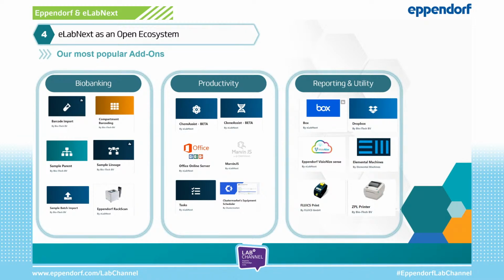This, for example, allows you barcoding, lineage of samples, and importing of samples, but we will go into detail in all of this in the next few slides. We have a couple of add-ons for productivity and as well for reporting and utility. So I will not go through all of our add-ons, of course, that would be too long, but I will go through the most popular ones. And if you have any questions, we can discuss it in the end.